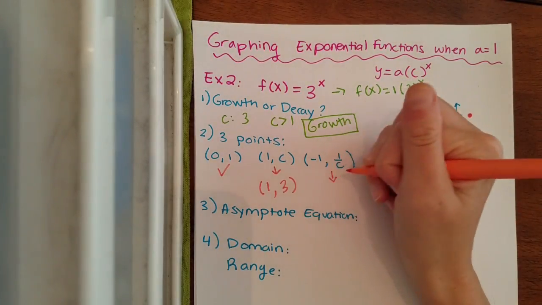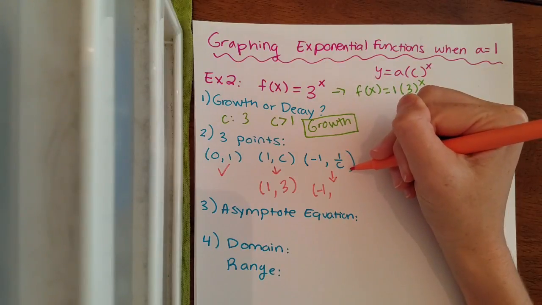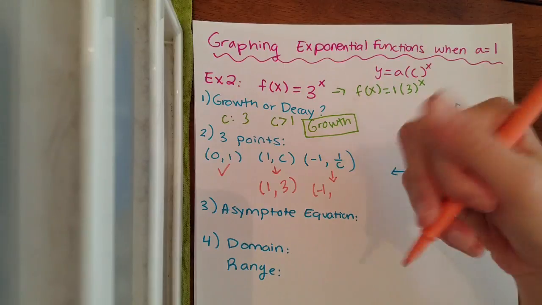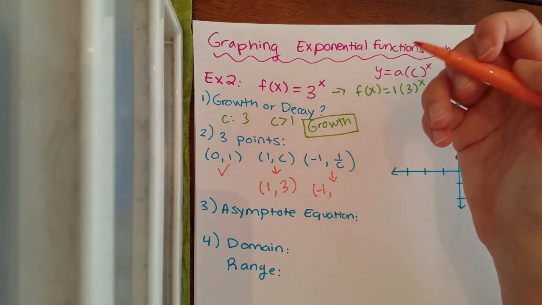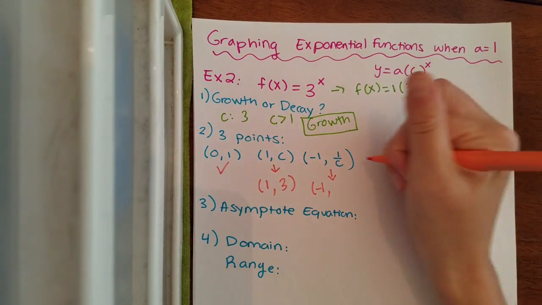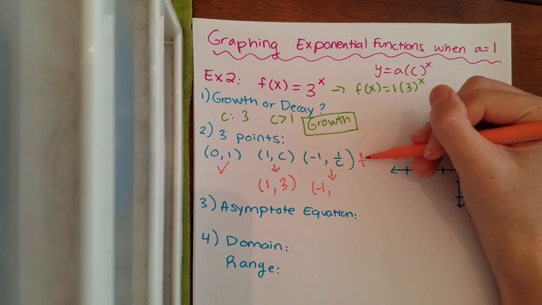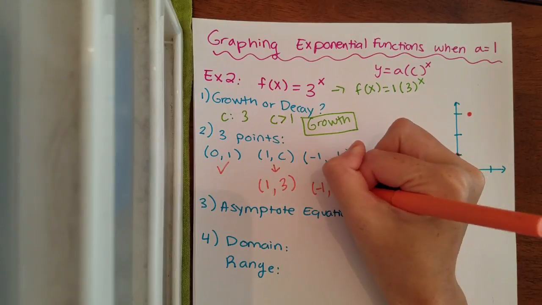Alright, and my last point is at the point negative 1, 1 over c, which the easiest way to see this is basically to find the reciprocal of your c value. So my c value is 3 over 1, which I'll write over here. That's our c value. And the reciprocal of that, if I were to flip that over, it would turn into 1/3.